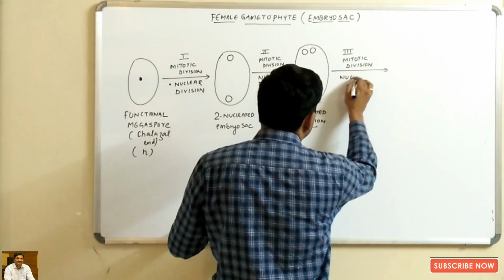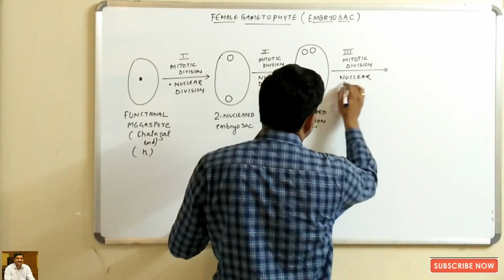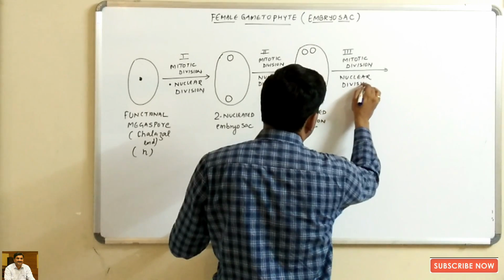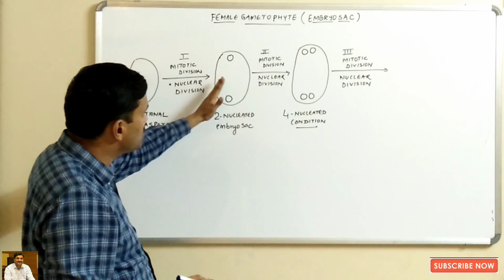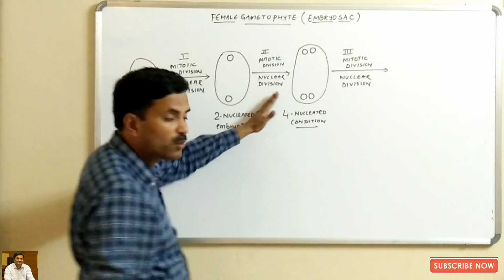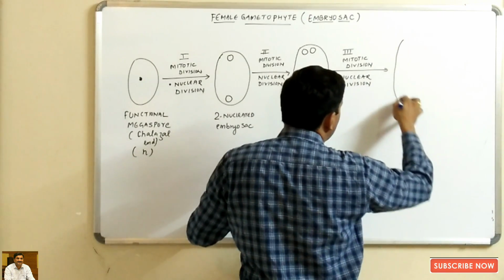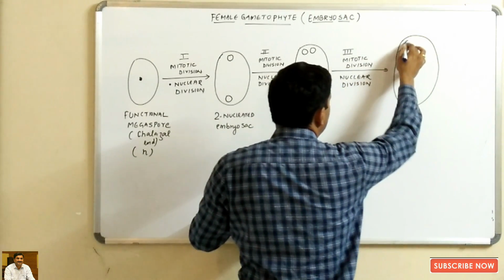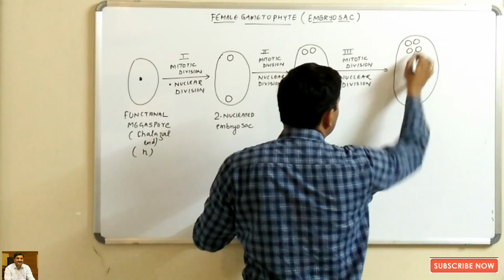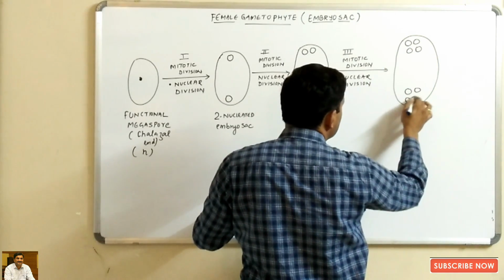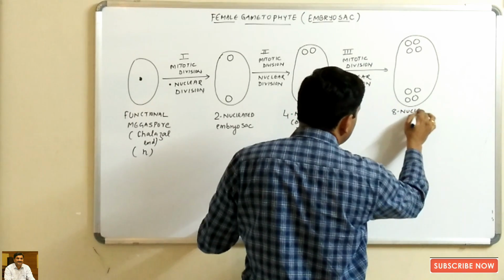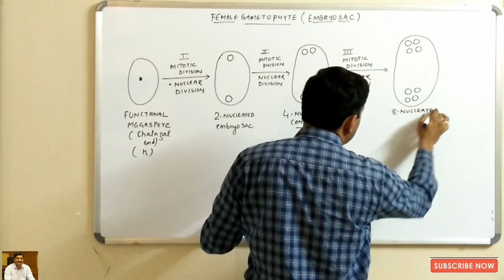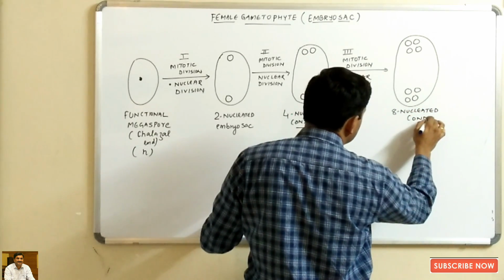Only nuclear division will occur. As we know, 1 nucleus has divided into 2, 2 have divided into 4, so 4 will divide into 8 nuclei, 4 at the chalazal end and 4 at the micropylar end. So this is an 8 nucleated condition.